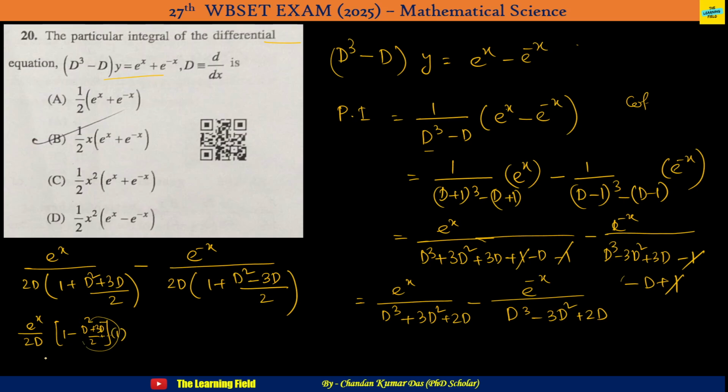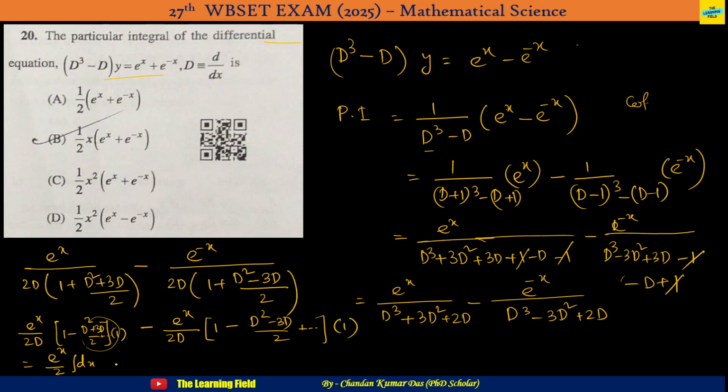So we get actually e to the power x by 2d. So from here we get e to the power x by 2 into d means integration of only dx, and minus e to the power minus x by 2d into we get 1 plus d square minus 3d by 2 plus dot dot operated on 1, both are plus, okay, right.